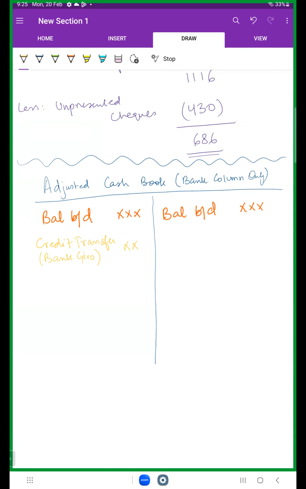You were supposed to receive a payment from someone, but you don't know when that customer paid you in the entire month. You'll get to know when you receive the bank statement at the end of the month. Meanwhile, the bank will immediately record that amount when they receive it. So this is called credit transfer or bank giro. Any problem till here? No, all good. Okay, perfect.